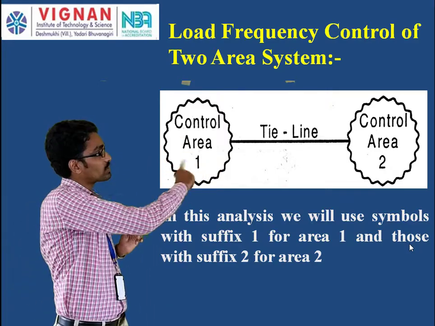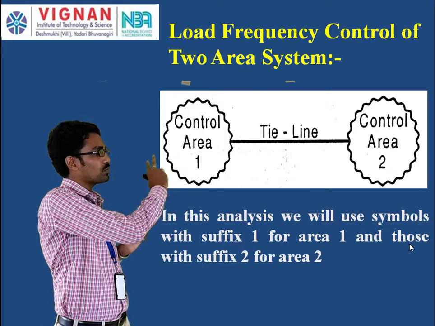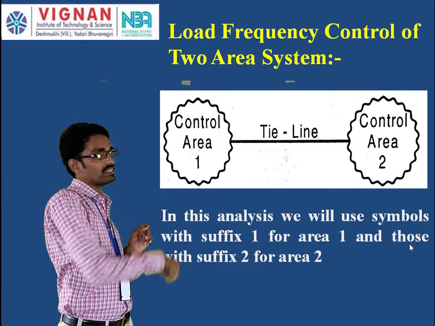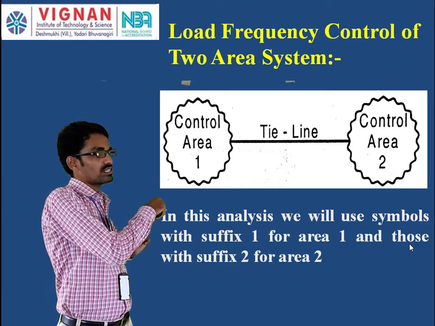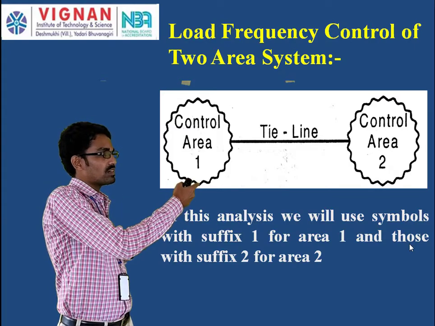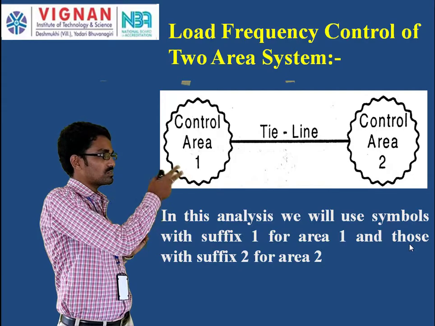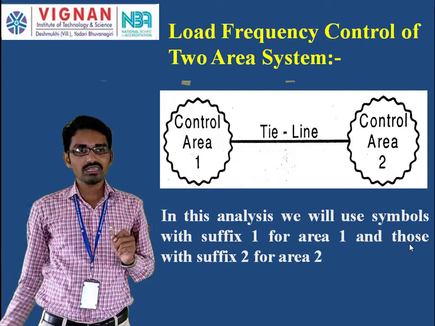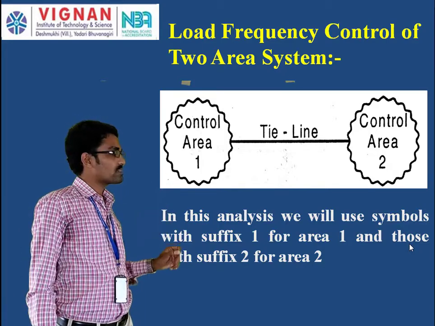If there is any change in the load of any control area, it is a joint responsibility to maintain the constant frequency. If the change in the load occurs in any one of the areas, the other area's power changes and you have a frequency change. For that particular change in the frequency, you need to maintain the constant frequency.